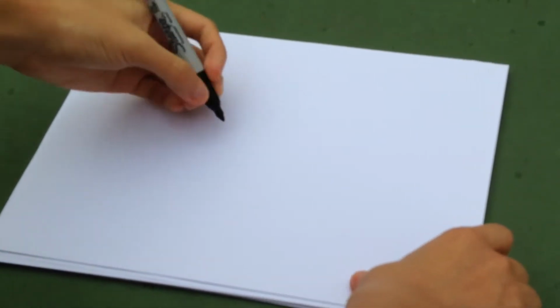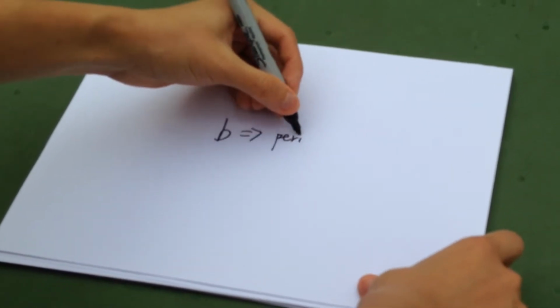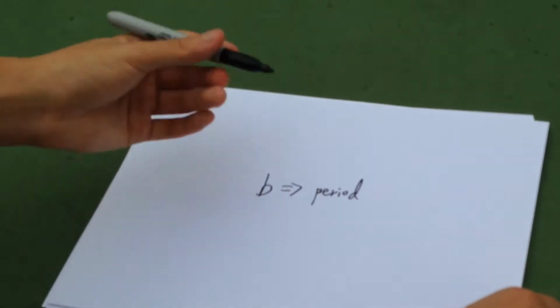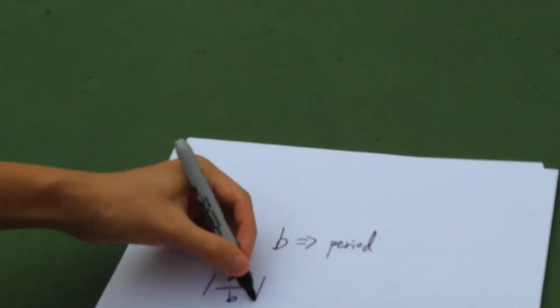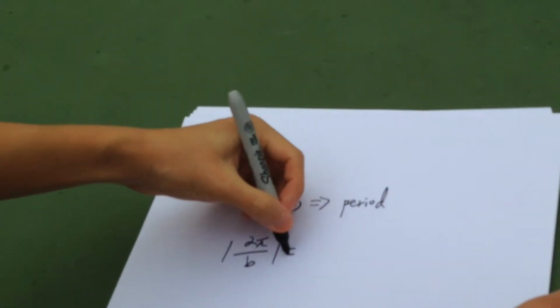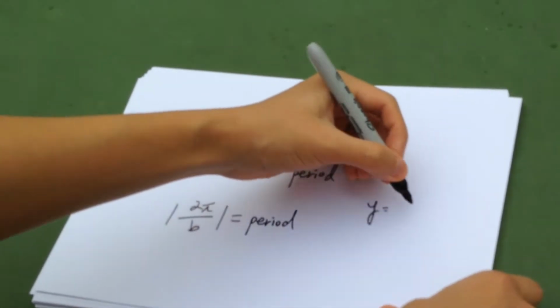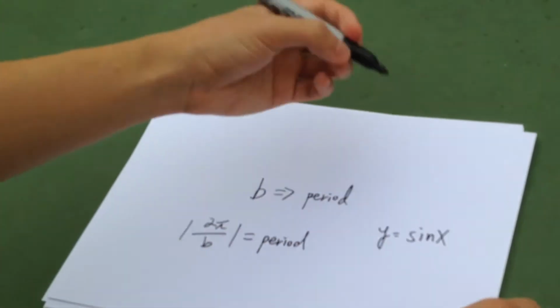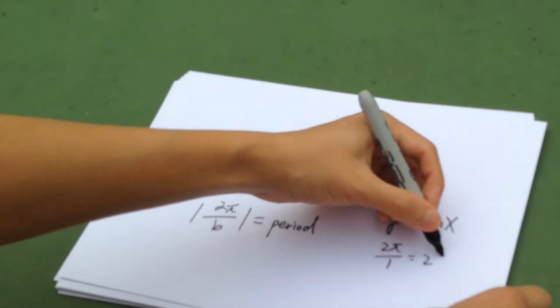Now we're moving on to b. What does b do? Well, the b here actually determines the period. But it's not that simple. It's actually 2 pi over the absolute value of b that equals the period. So for example, if we have y equals sine x, it will be 2 pi over 1, which is 2 pi.